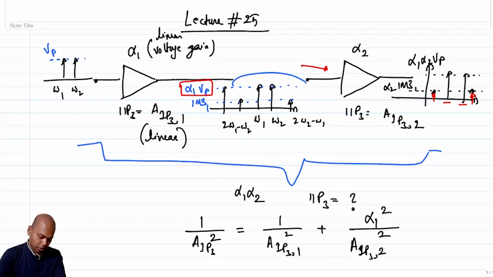By the way, this is an approximation, because we have to neglect many of the terms and make a lot of assumptions, like no phase shift and all those things. Then you get this term.